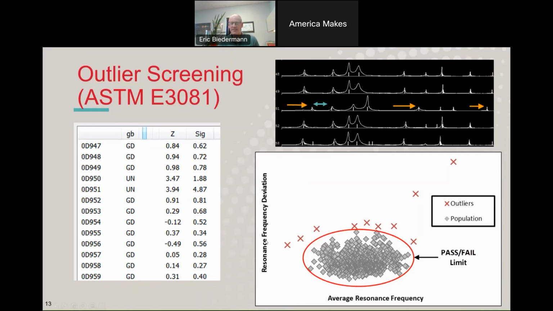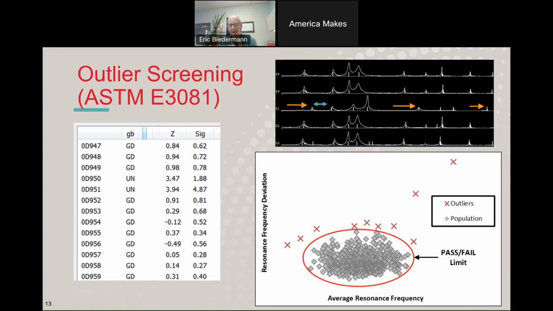And then the y-axis is capturing the standard deviation or pattern changes in the resonance frequencies. So this blue arrow indicates a point where this resonance mode is pretty much in line with the same mode in the other components in this population, but then the neighboring peak has shifted closer to it. So that's a pattern change where some modes are changing in the part, but others are not.